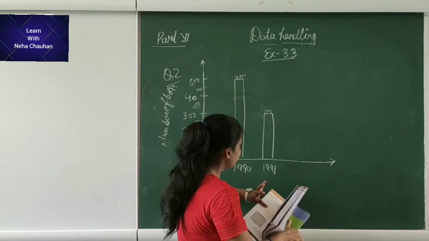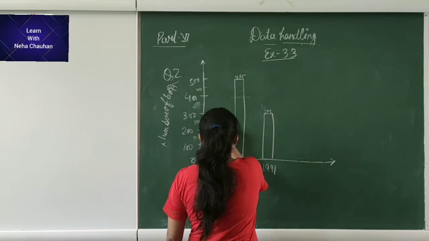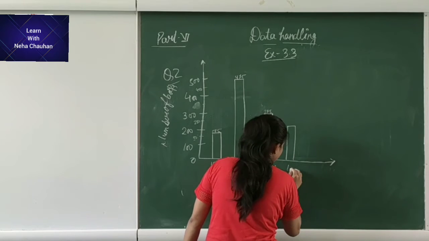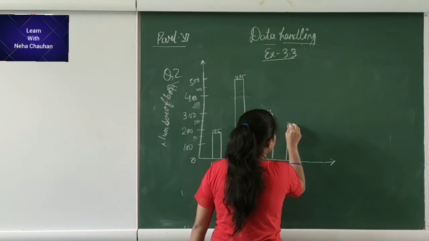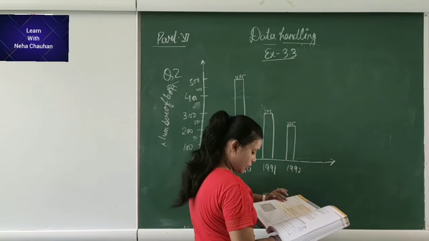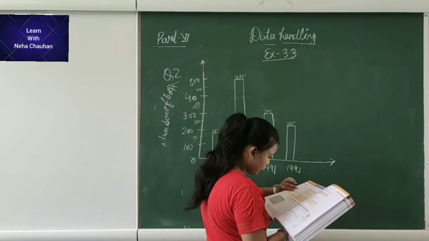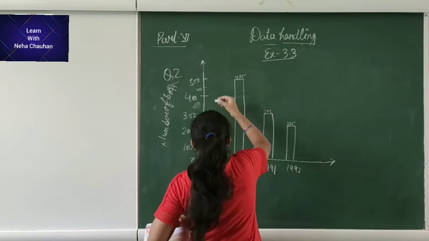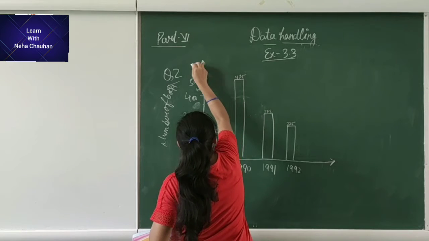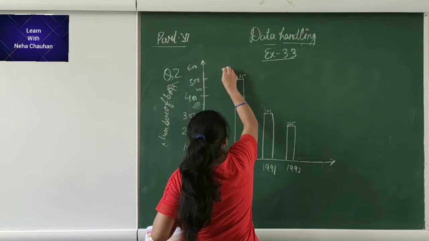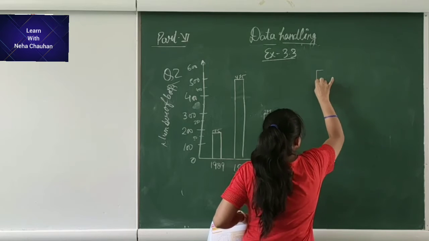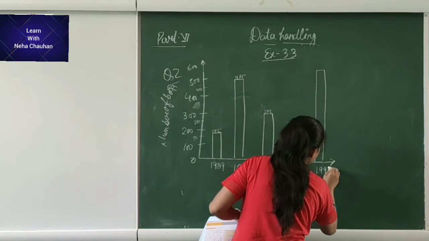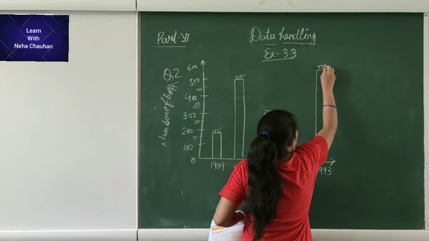It represents 225. Next is 1993, that represents 550 books. Okay.